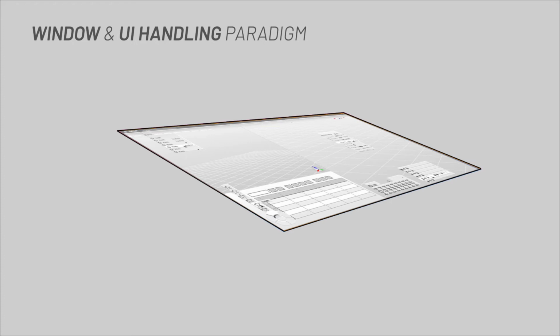And so I'm going to talk about one of the biggest innovations on the project, which was about window and UI handling, and how we actually divide and conquer the notions of floating dialogues, anchored dialogues, and also docked elements.